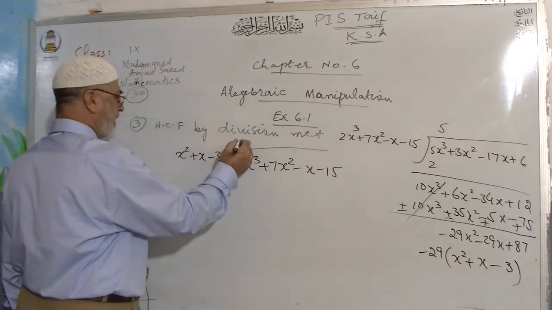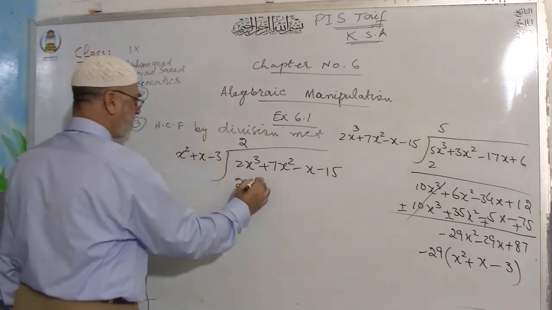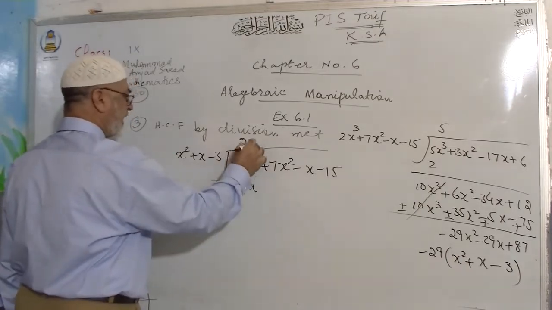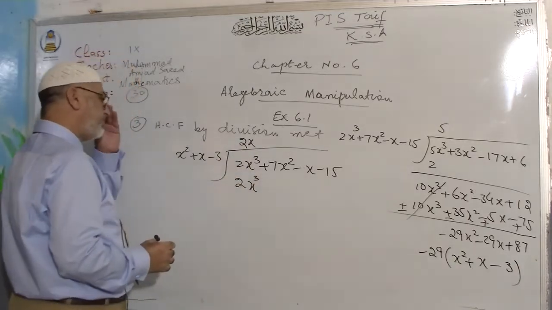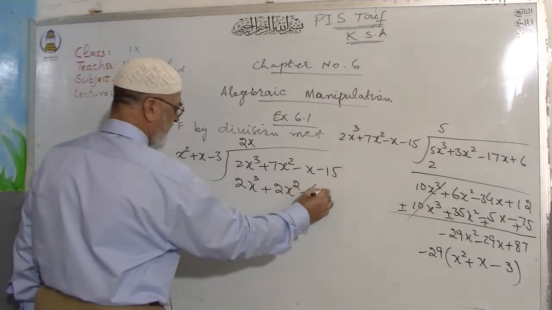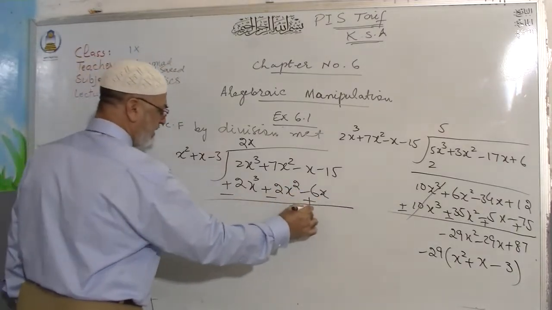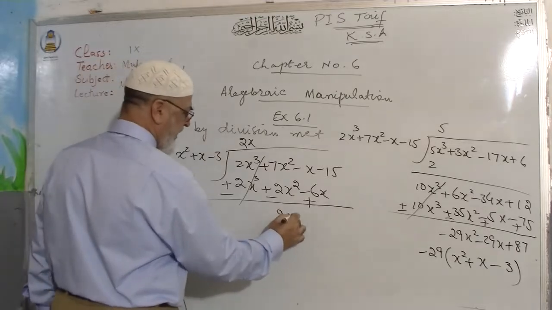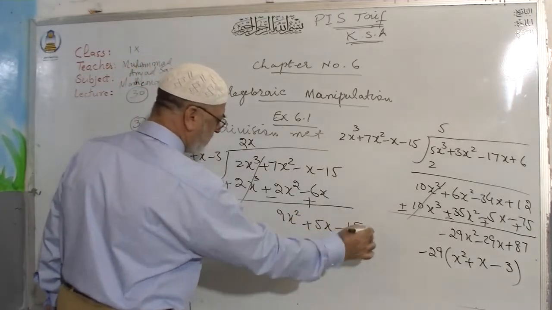So here you multiply by 2x, giving 2x^3 plus 2x^2 and minus 6x. Change the sign. Here will be 5x^2 plus 5x and minus 15.